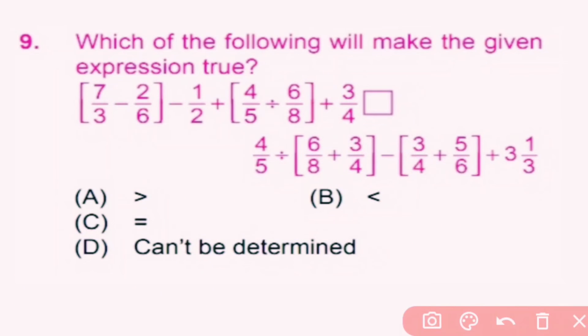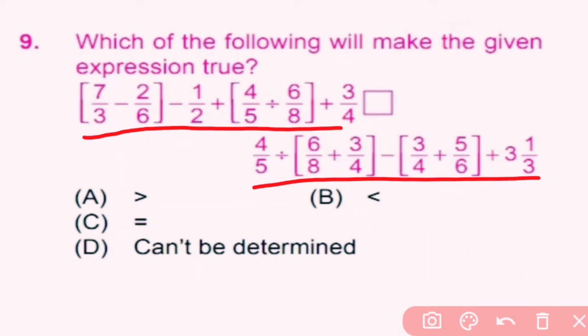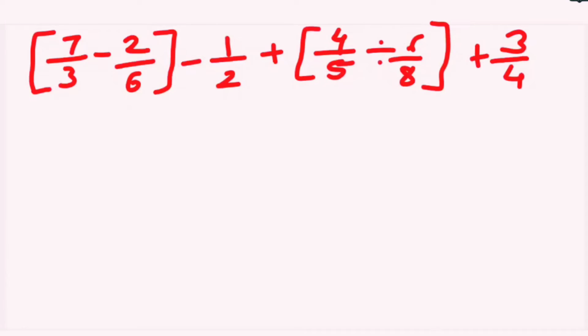Which of the following will make the given expression true? Here we first solve the left hand side and then the right hand side. Here our left hand side is this, so we first solve the bracket. Here in the first bracket, their denominators are different, so we first make them the same by multiplying here by 2.